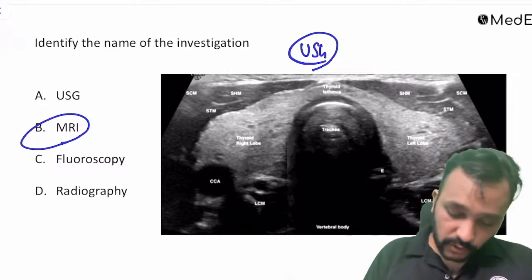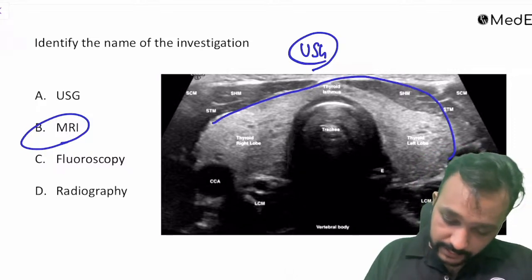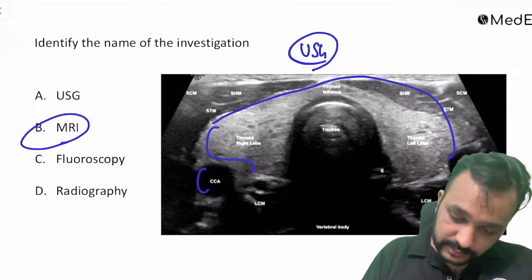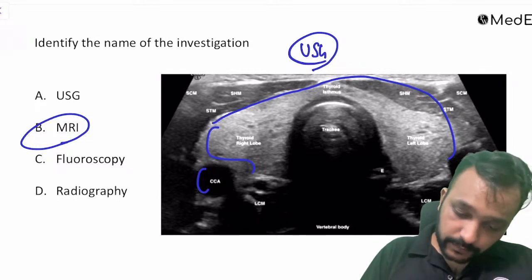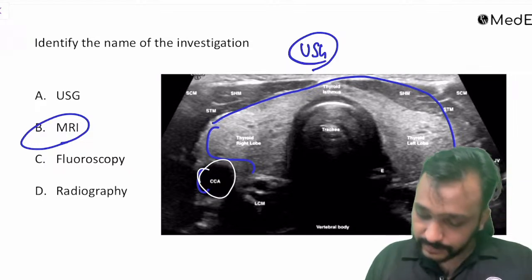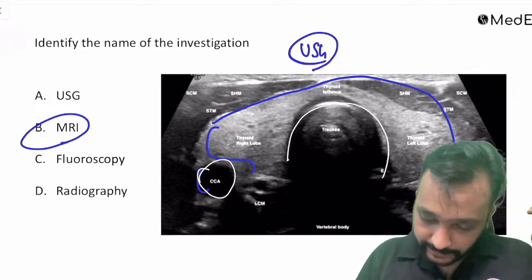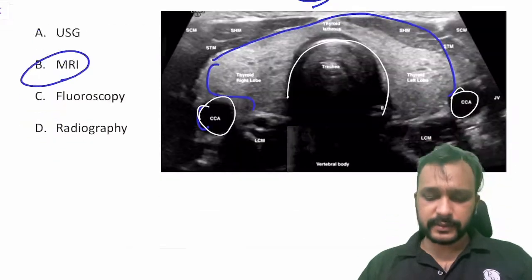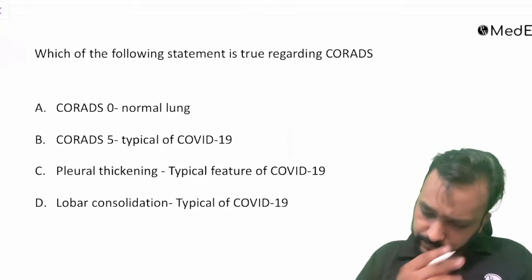And what you can see, this is the thyroid gland. You can see the vessels here. This is your common carotid arteries, right? And this is your trachea. So simple investigation. This is the ultrasound of the neck, right?